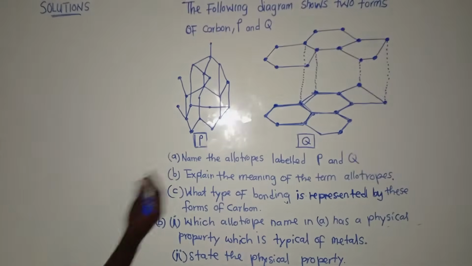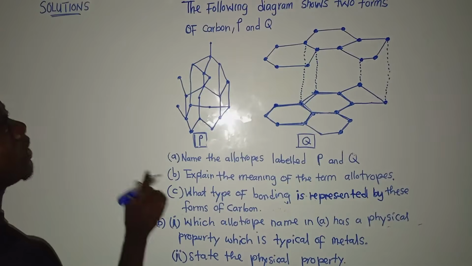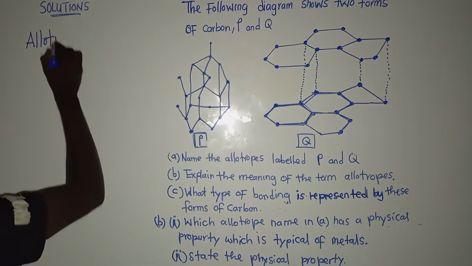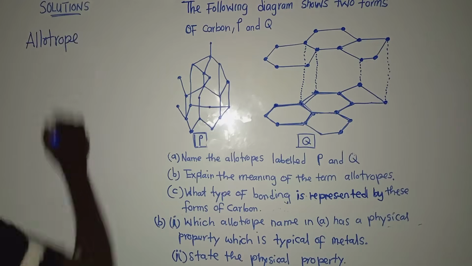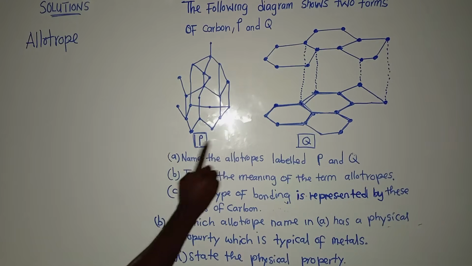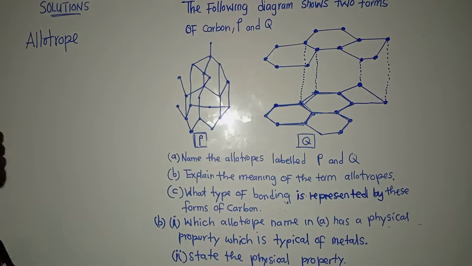So now, I'm telling you that this particular question is falling under allotropes of carbon. These two that you are able to see here are two allotropes of carbon. Hope you are able to see this and understand clearly.